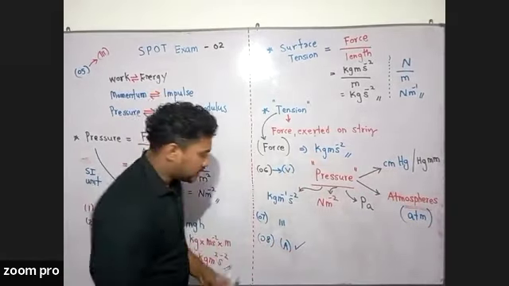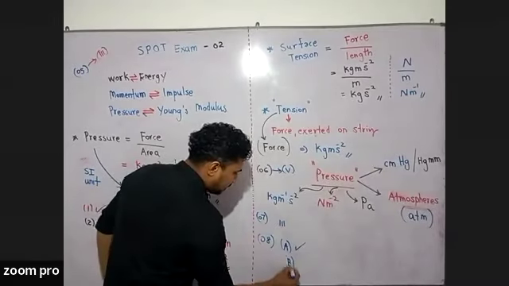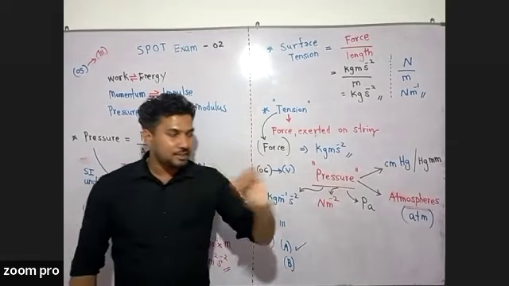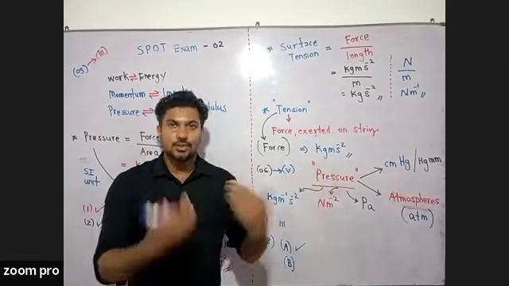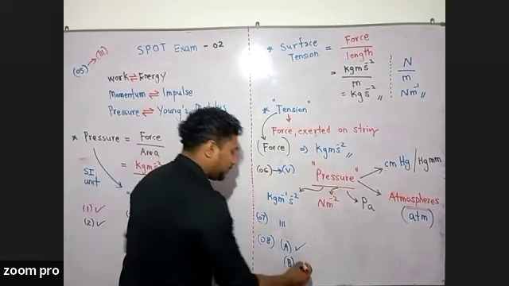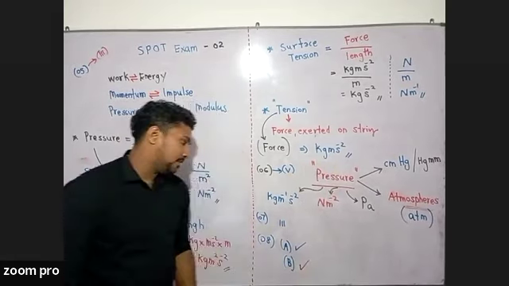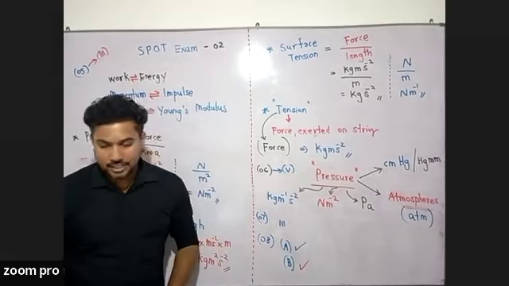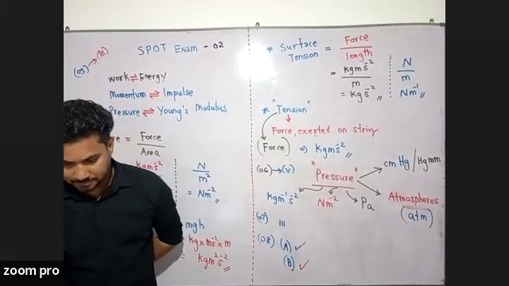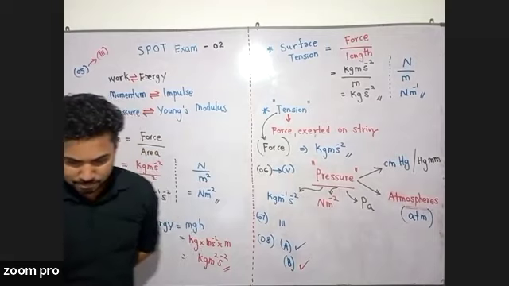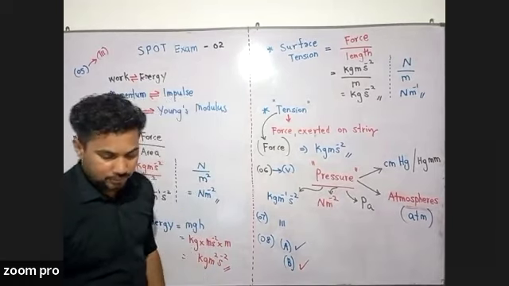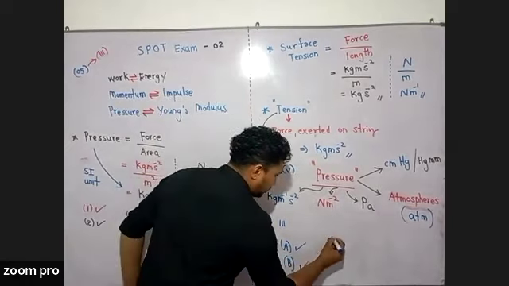B, gravitational potential energy. Guys, even though there's a prefix called gravitational potential, it is the same as energy. So likewise, the joule can obviously be used to measure gravitational potential energy. Then moment of force. I have given the relevant equation for moment of force.